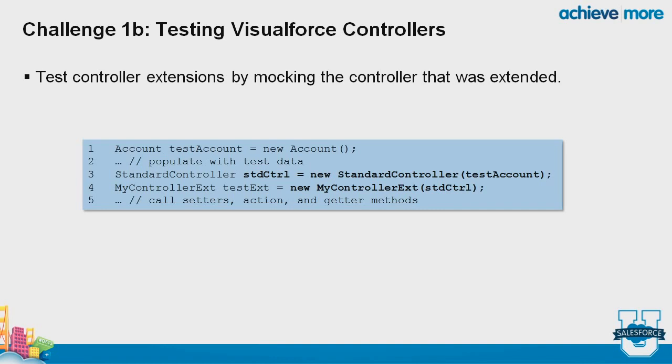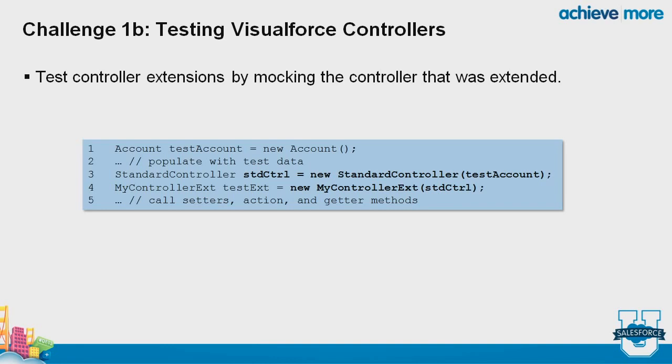Before you can create an instance of your controller extension, you need to pass a standard controller, because that's what the constructor expects. But in order to get a standard controller, you need to create a new instance of the standard controller, which expects a record.